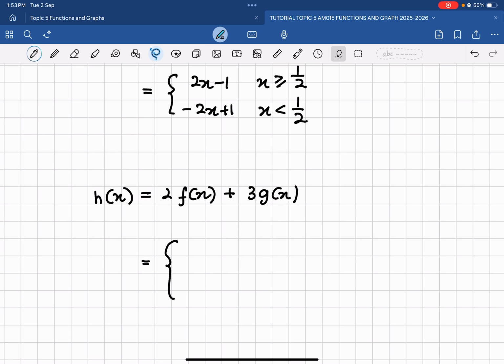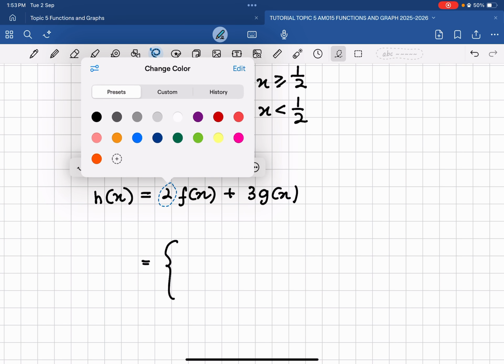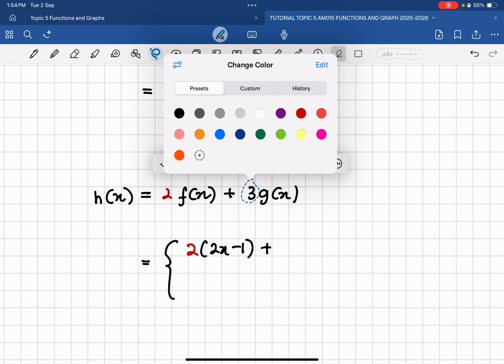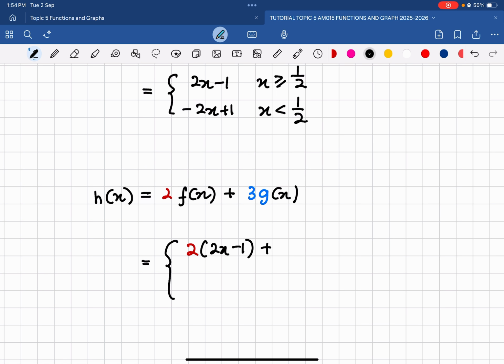There is a 2 here, so let's highlight a bit. The 2 will multiply with the first one, 2x minus 1, plus there is a 3, which is going to multiply with g(x).